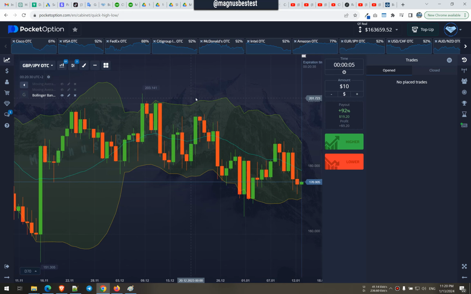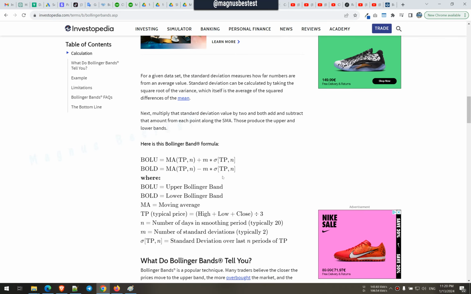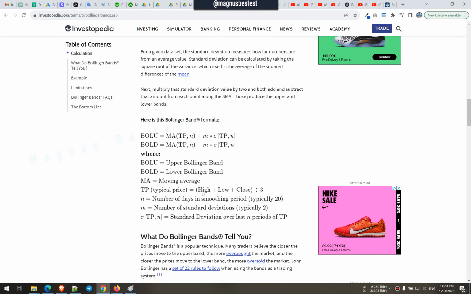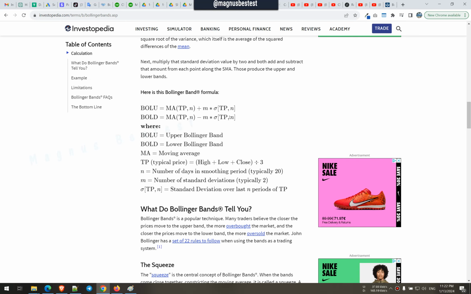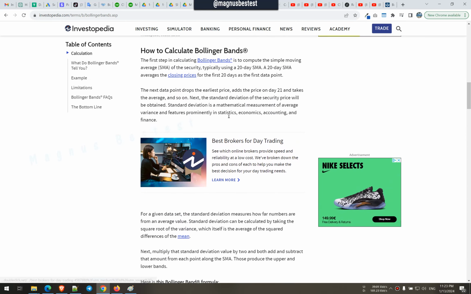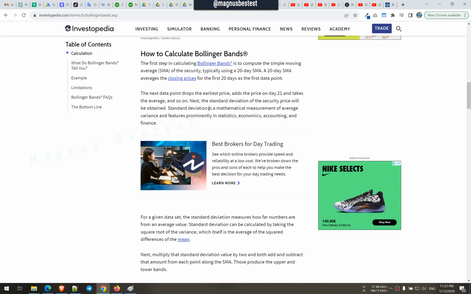And these upper and lower lines are not just the average of closing prices. They are calculated averages of not just closing prices, but high plus low plus close divided by 3, so that you can get the average. Bollinger Bands is based on the variance, how much the price goes away from the average, up and also down.